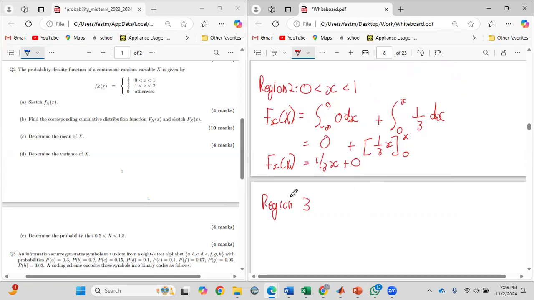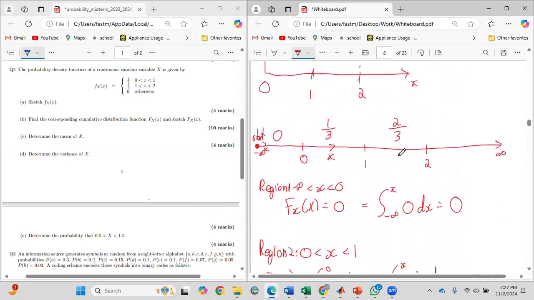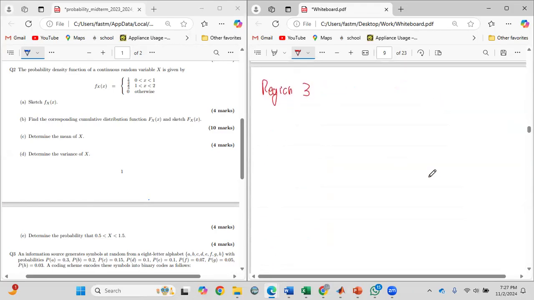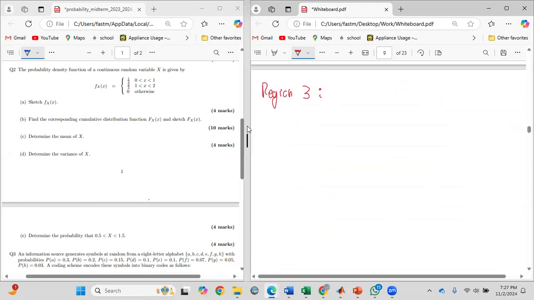Let's see region 3. We pass 1, because we already accounted for between 0 and 1. So if x is between 1 and 2, what will happen to the CDF? That is when x is less than 2 but more than 1.